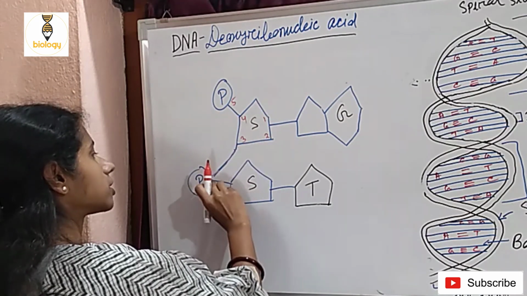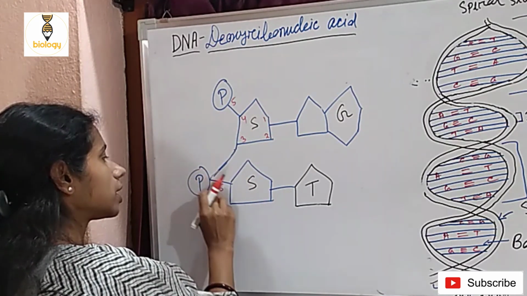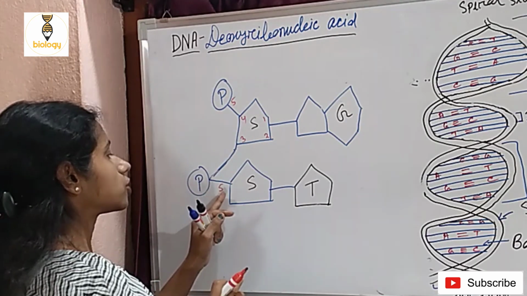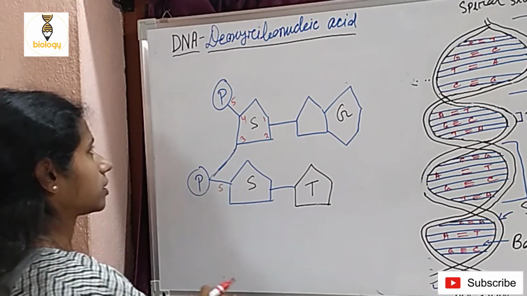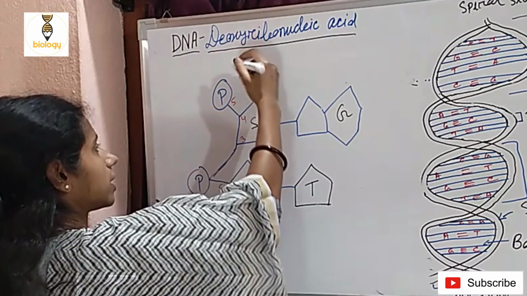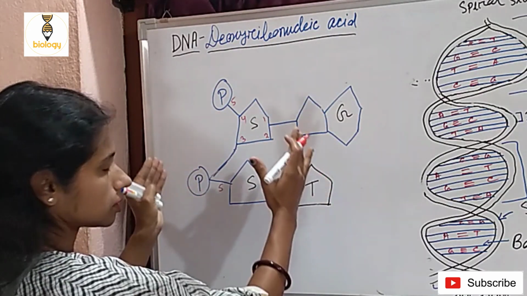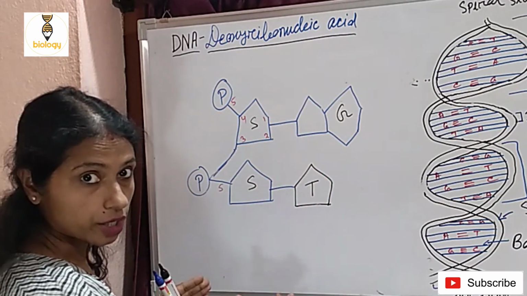The above part is joined with the 3rd carbon. The down part is joined with the 5th carbon. Everywhere it is like that, and this way it makes the bond.